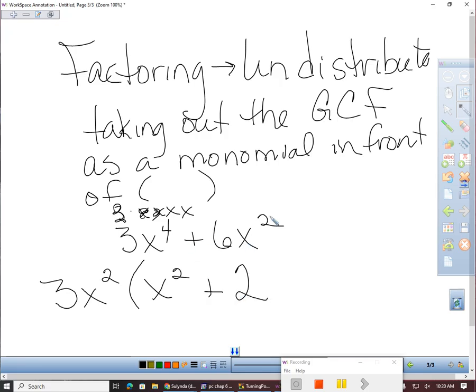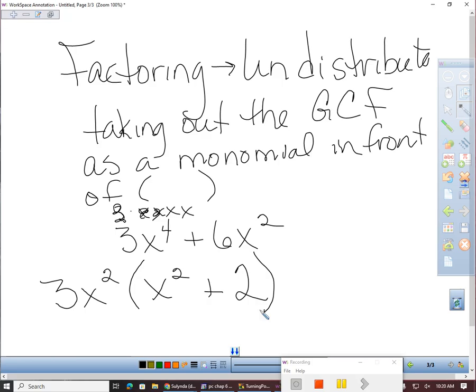And I'm taking out both x's, so that's all I have is a 2. So if I were to go back and just quickly check 3x squared times x squared, does that give me 3x to the fourth? 3x squared times 2, does that give me 6x to the second? Okay? So that's what we're doing next.